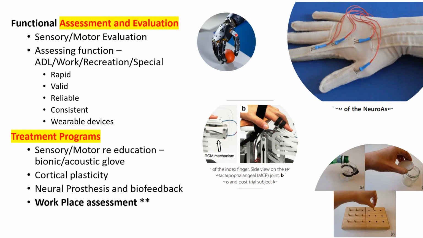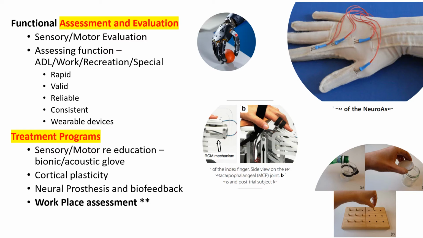It provides a rapid, valuable and consistent tool, and some of them are wearable devices which can evaluate the performance of specific motor tasks in the environment, and this data can be used for functional assessment of the individual. So robotics are not just for providing rehabilitation, but for assessment and evaluation can be quite useful, especially in the upper limb. The use of wearable gloves can be useful to assess function.